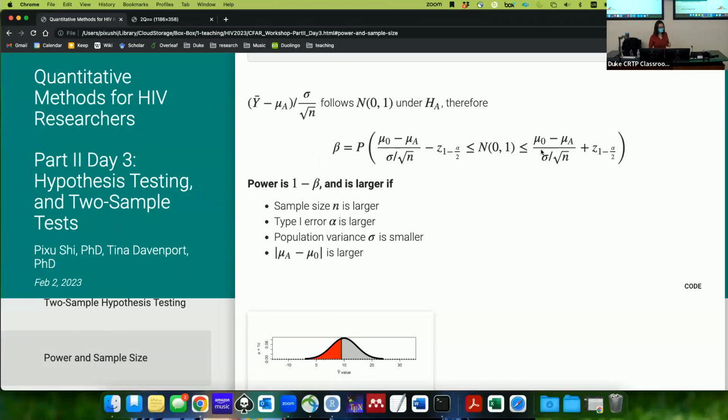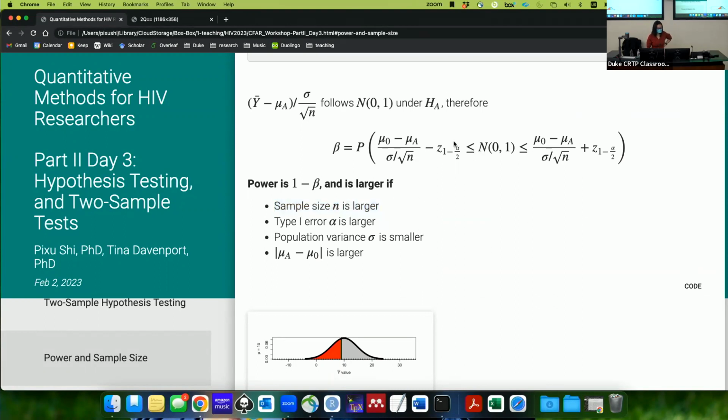And vice versa, if you have a positive value on the numerator, you're calculating the area under the bell curve, you move it to the right end. It will also be narrower, a smaller area, a smaller type 2 error, and a larger power. So when the sample size is larger, you will increase the power.